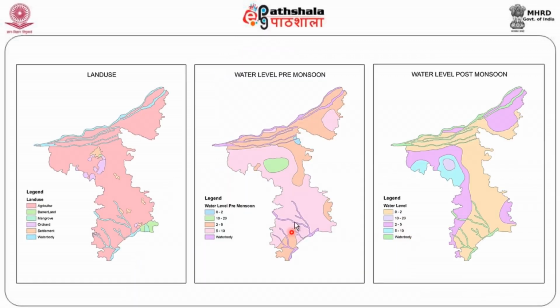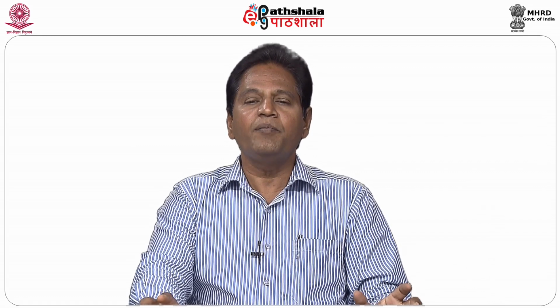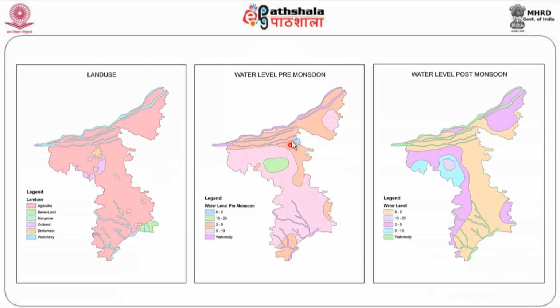Apart from those layers, we also have a land use map. When I am trying to integrate n number of layers pertaining to this area with this particular map, it is very important that they all have the same boundary. Please don't ignore that point.